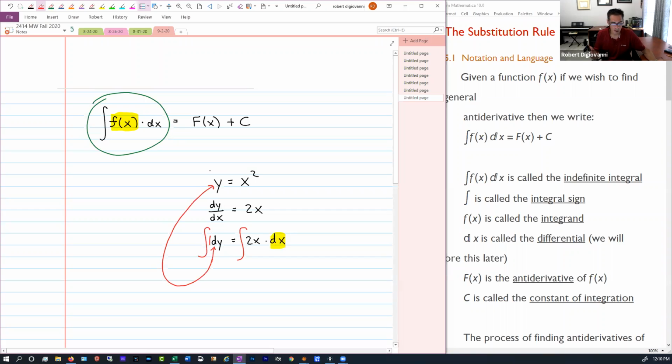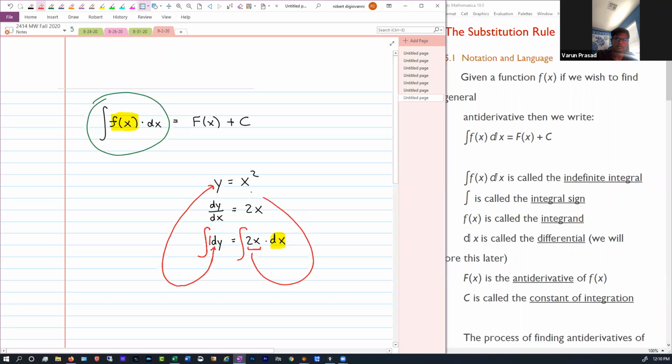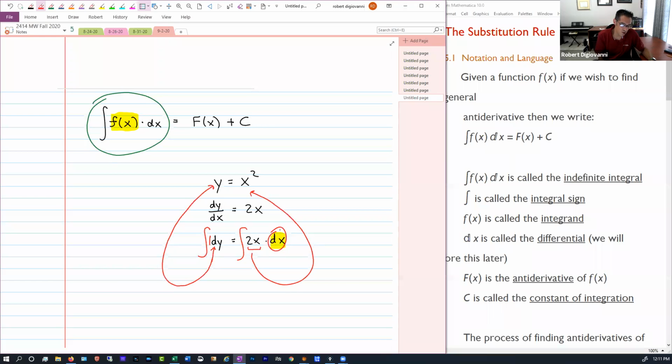Yes? And then what's the antiderivative of 2x with respect to x? X squared. So you see the integral takes us back up there? But that dx is actually sitting next to every function we've ever taken a derivative of. So right now, we're not going to get too much into it, other than to just know it needs to be there, and that it keeps track of the variable, all right?